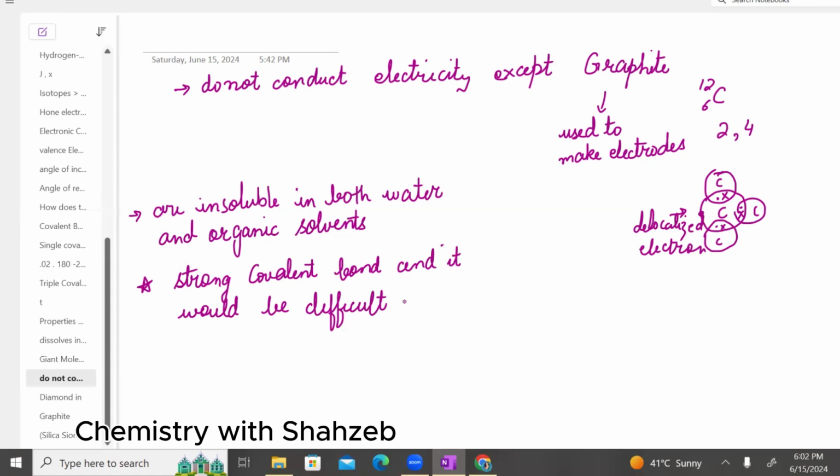That is why they are insoluble in water and organic solvents.